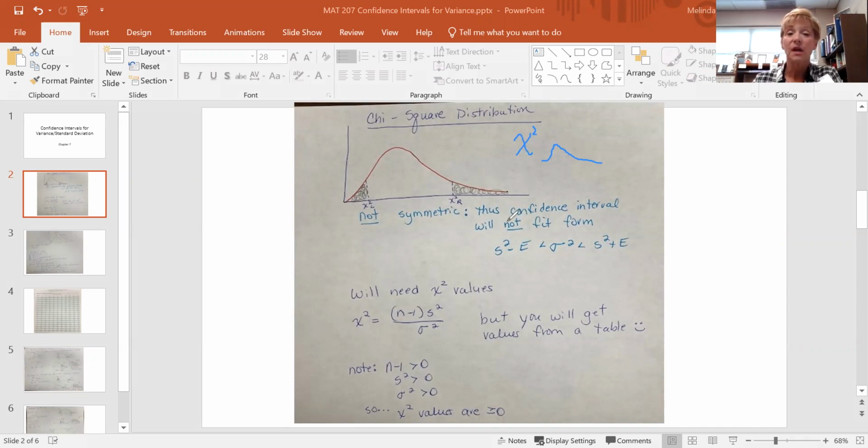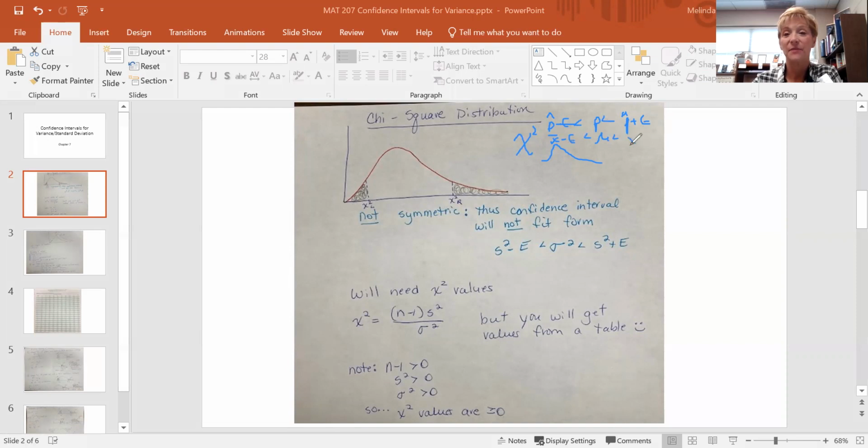Now, before, you kept having your sample data. When you were doing p, you would take your sample p hat and subtract a little bit, and then you would take that p hat and add a little bit. And then when you did the mean, you did the same thing. You were looking for your population mu, so you took your sample average and subtracted a little bit of error.